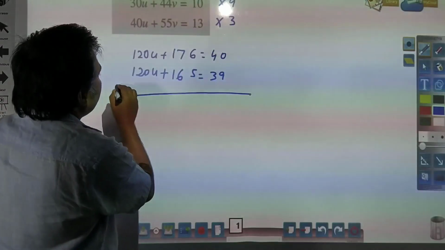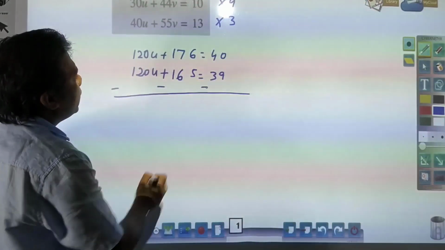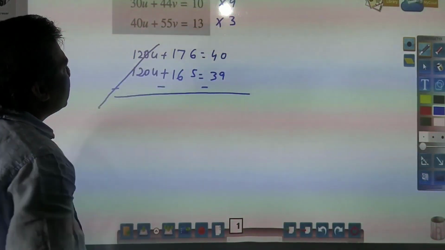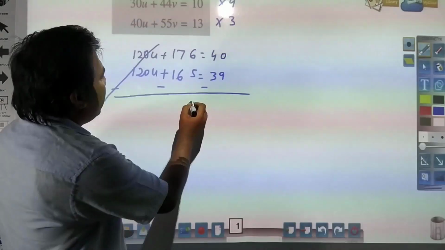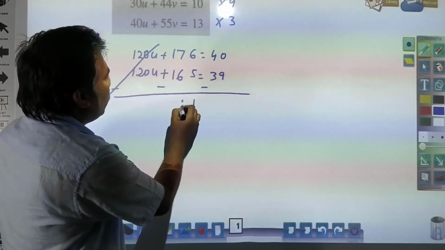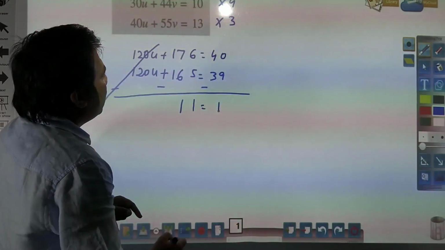This is required to be subtracted. You subtract this, and the u terms will be cancelled, and here you will be left with 176 minus 165 is 11v is equal to 1.